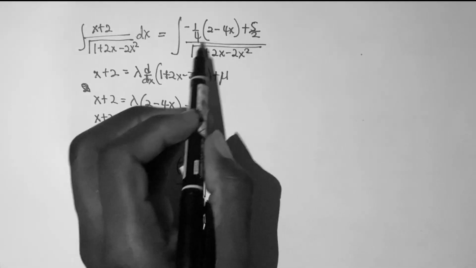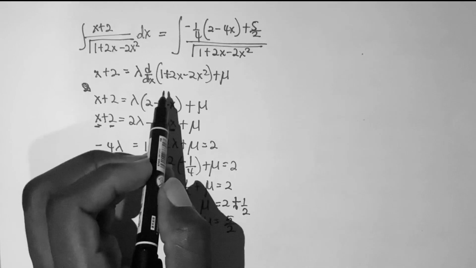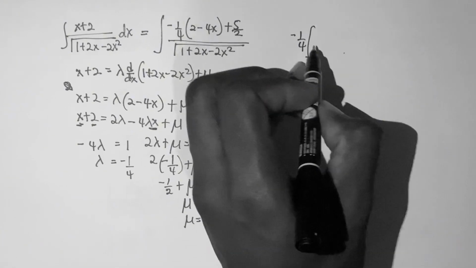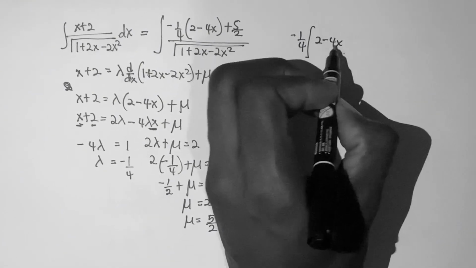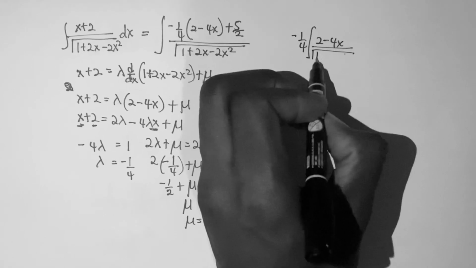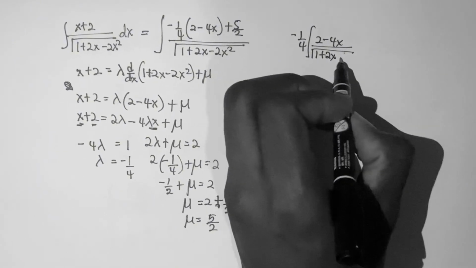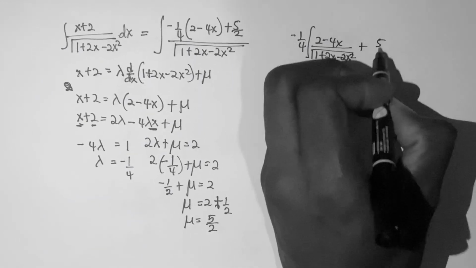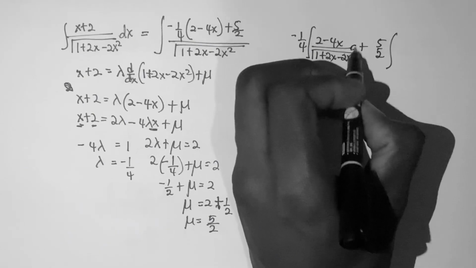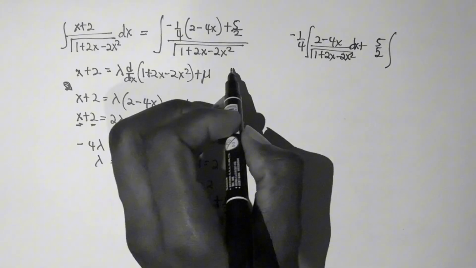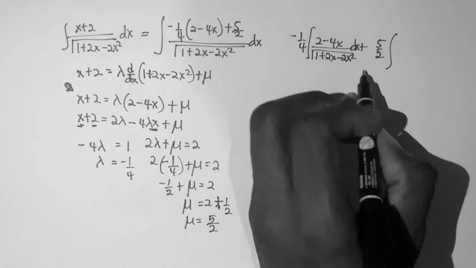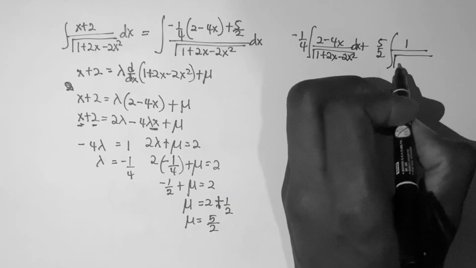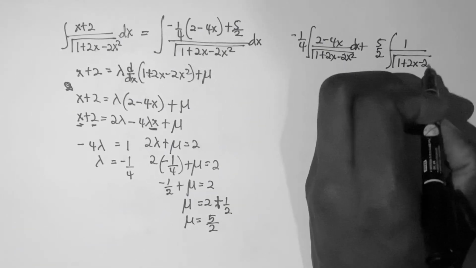What we will do in this case is break this integral into 2. So this integral becomes minus 1 over 4 times the integral of 2 minus 4x divided by the square root of 1 plus 2x minus 2x squared dx, and then plus 5 over 2 times the integral of 1 divided by the square root of 1 plus 2x minus 2x squared dx.